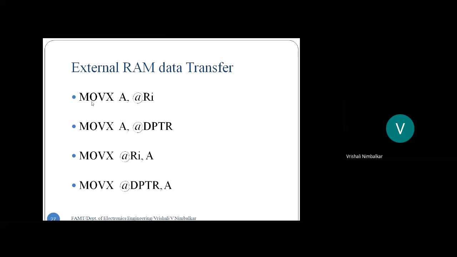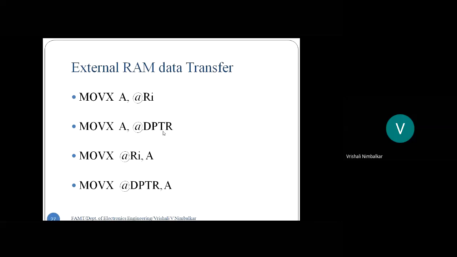The first instruction is MOVX A, @Ri. This is a pointer to external RAM and it is an 8-bit pointer. The data pointed by Ri is copied into the accumulator. The second instruction, MOVX A, @DPTR: the accumulator is the destination and the source is pointed by the DPTR register.